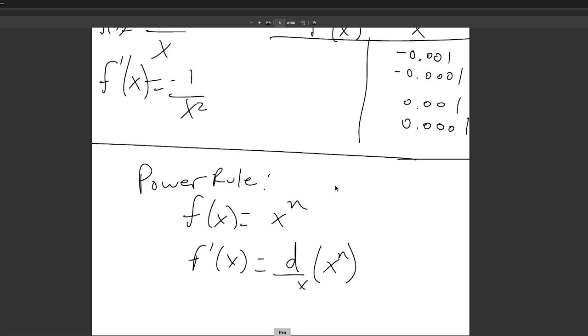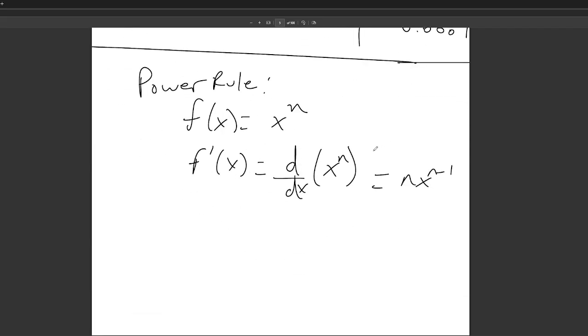It's the same thing. When you do that, you get n times x to the n minus 1. This is known as the power rule. Very famous.